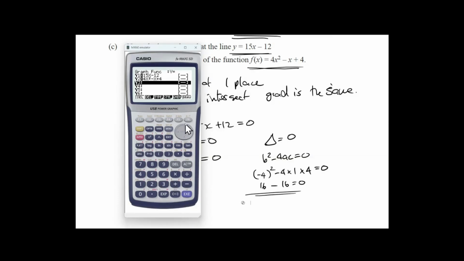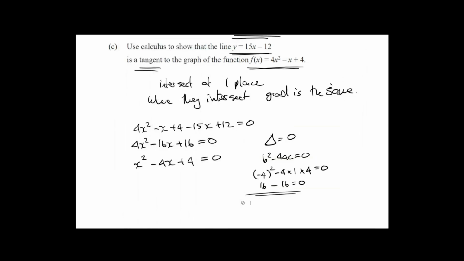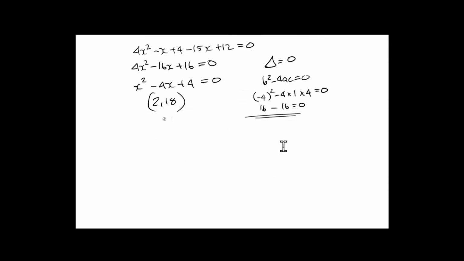I'm going to draw them, and when I zoom in we see there clearly that one is a tangent, and we're going to use G-Solve. Where do they intersect? They intersect where x equals 2 and y equals 18. So (2, 18) is where they cross. So they cross at that point there, but let's use calculus to find it.